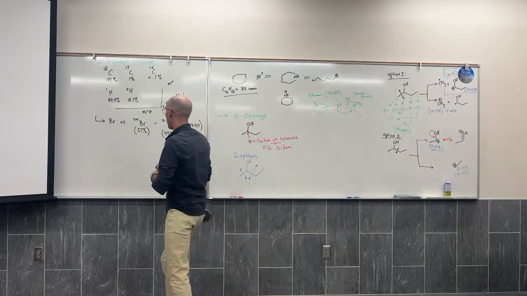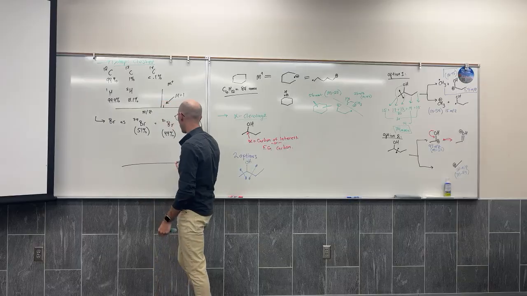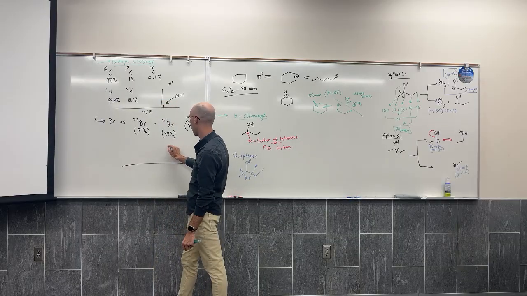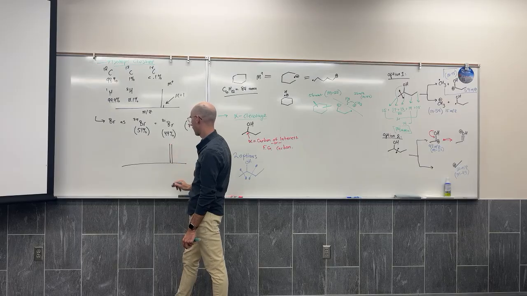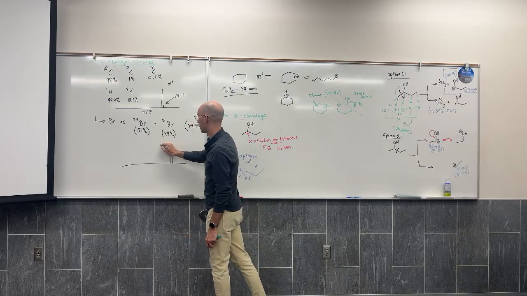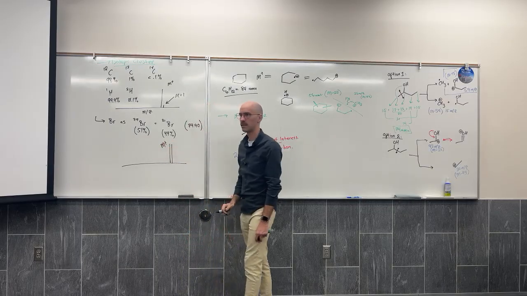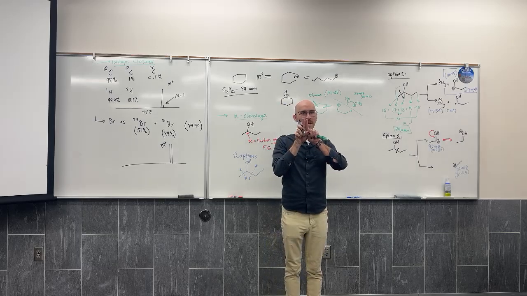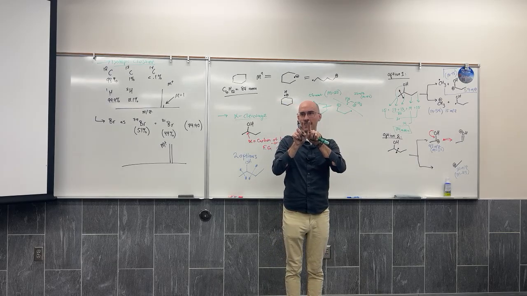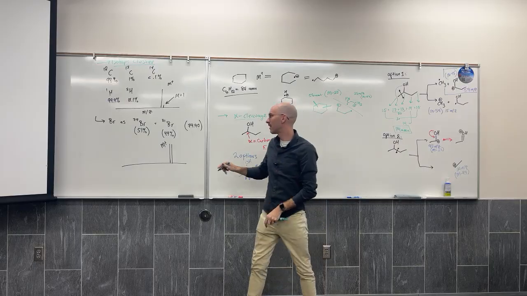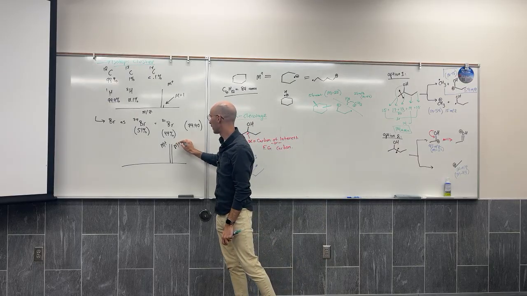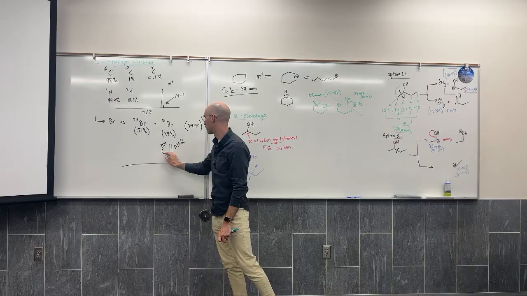Which means that when I find a spectrum with bromine, and again, let's just look at a molecular ion, for example, my molecular ion signal has a peak 2 mass units away that is almost exactly the same height, and so we call it the M+2.